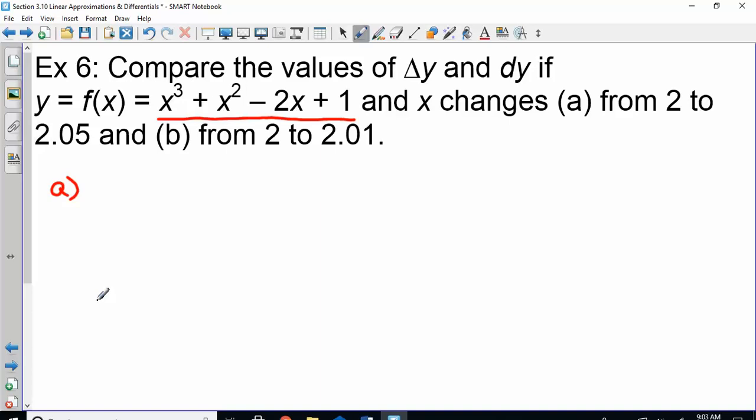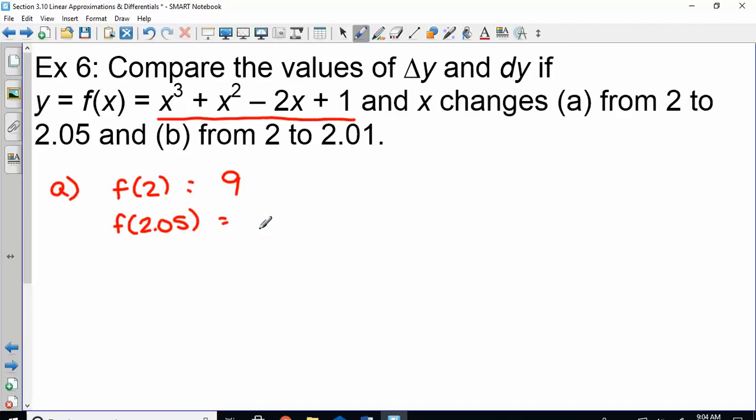Change in y is the actual amount the y increased on this function. So what would I need to do to find the change in y? Yeah, we have to plug in our x's. So we first would have to plug in a 2, and then we have to plug in the 2.05. Alright, so if we plug in 2, we get 8 plus 4 minus 4 plus 1, so that's 9.